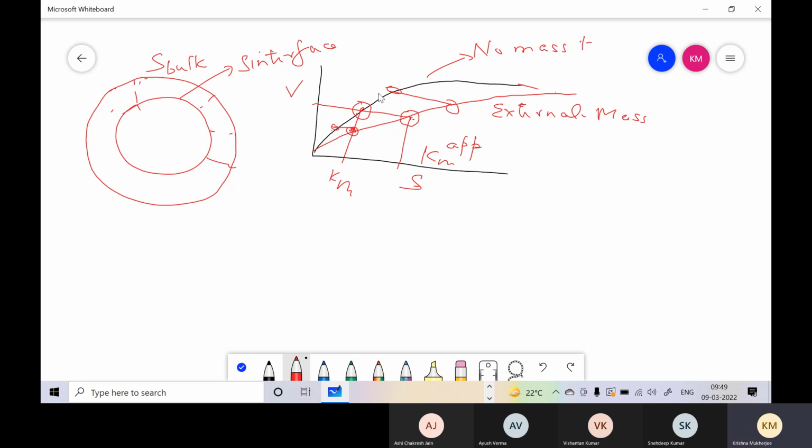And at each point, this gradient into Ks, S bulk minus S interface, is equal to the reaction rate, right? And this reaction rate is nothing but this V is equal to this V, right? Are you getting this point?